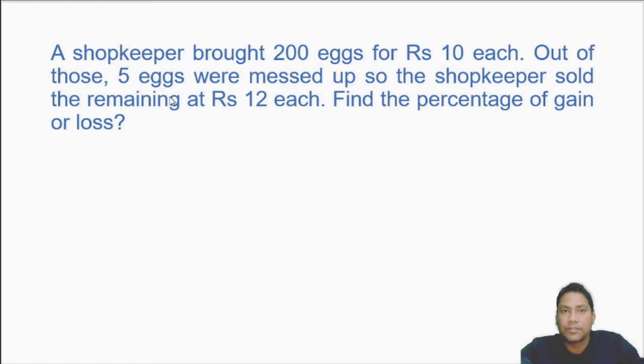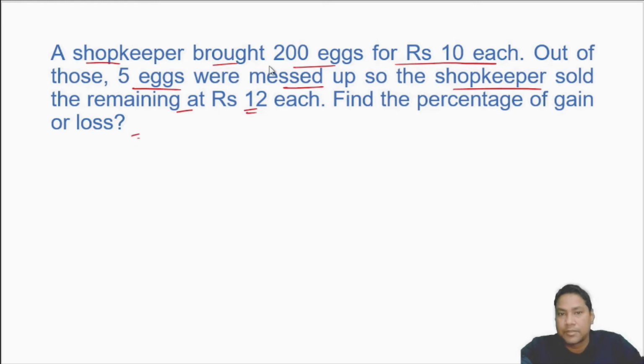So quickly we will solve some more questions. First of all, we will read the question properly. A shopkeeper bought 200 eggs at rupees 10 each. Out of those, 5 eggs were messed up, meaning they were broken. The shopkeeper sold the remaining at 12 rupees each. Find the percentage of gain or loss.